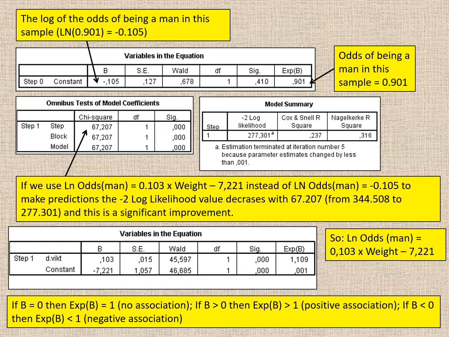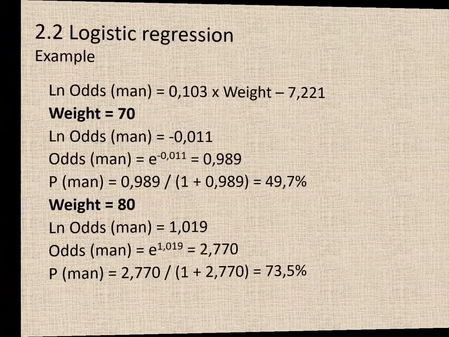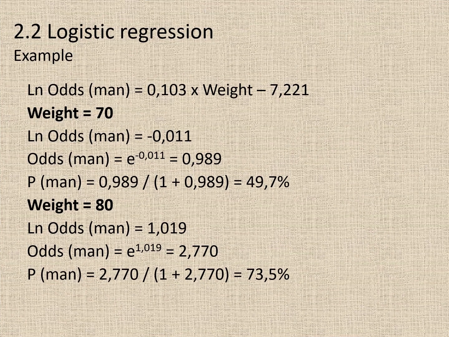So if we have our formula there, and we would calculate the odds of being a man for various weights, we put in the values in the formula. So if weight is 70 kilos, for instance, then we get that the natural logarithm of the odds of being a man is minus 0.011.